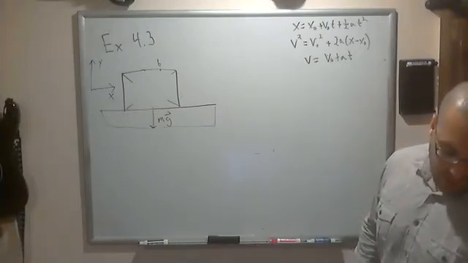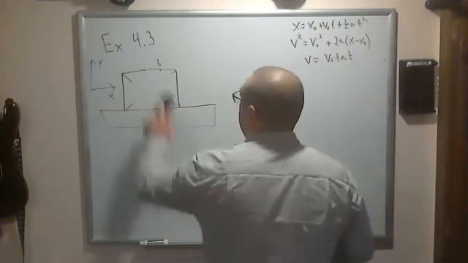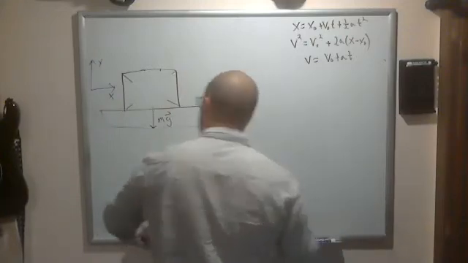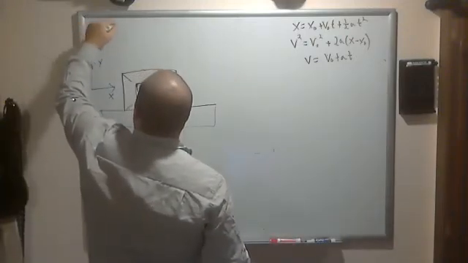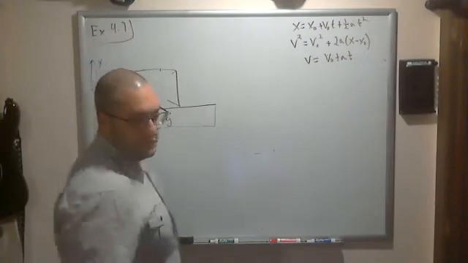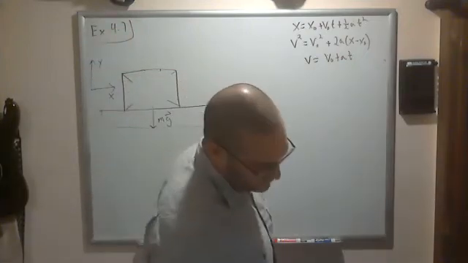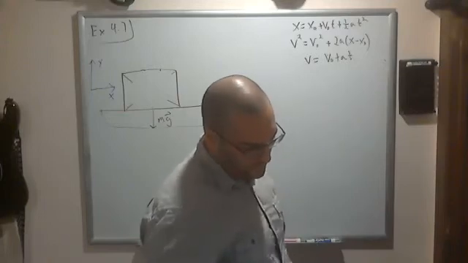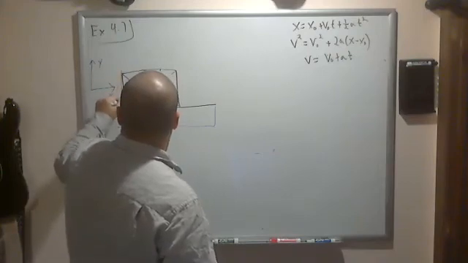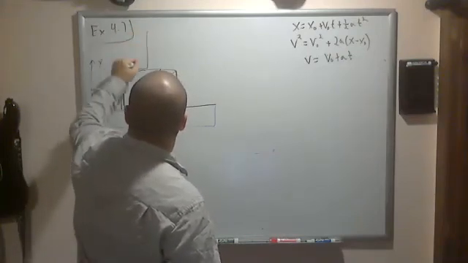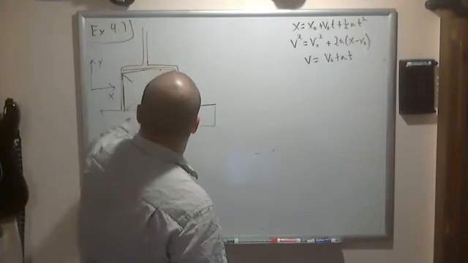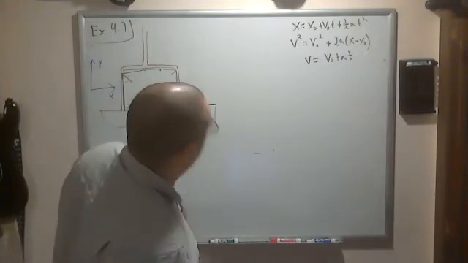So let's say we want to lift up this box. Let's say we have a piece of rope tied around this box, and we lift it up with this rope.